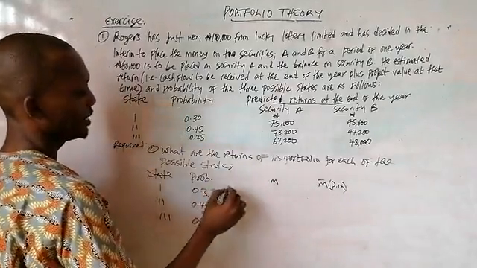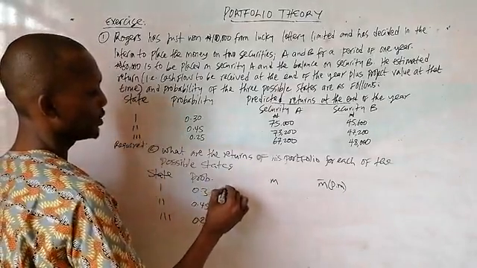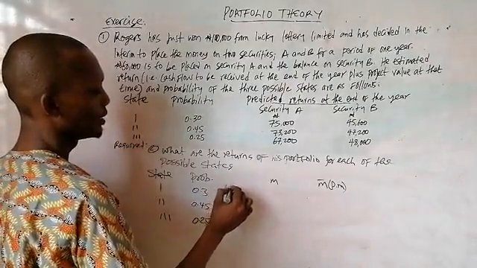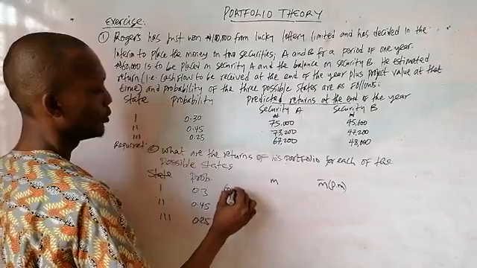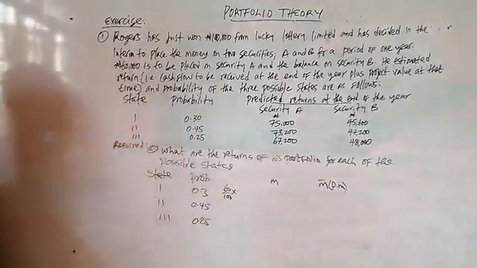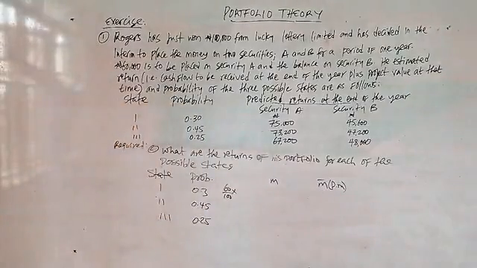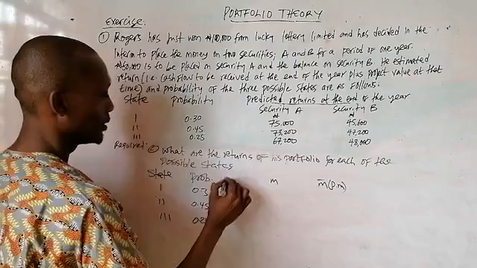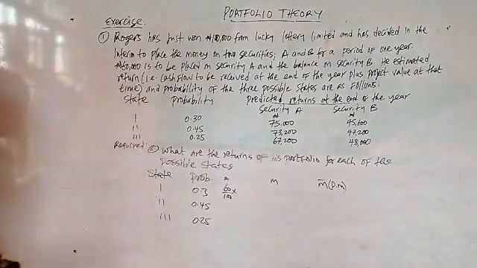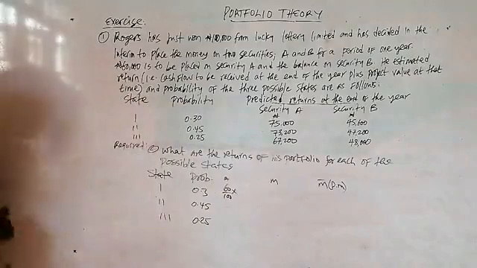For security A, we have 60% invested in security A. So 60 over 100 times the return in state 1 for security A, which is 25.